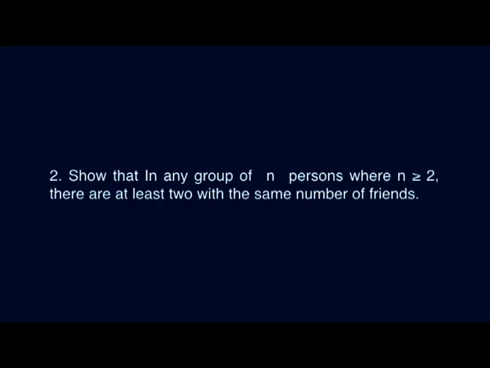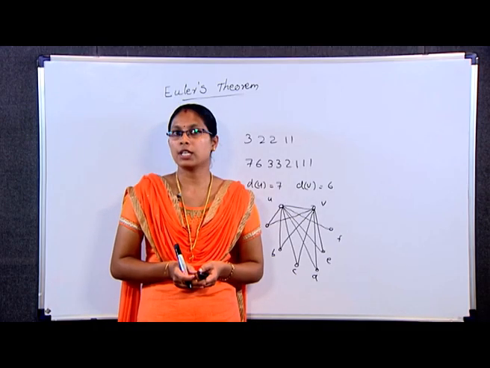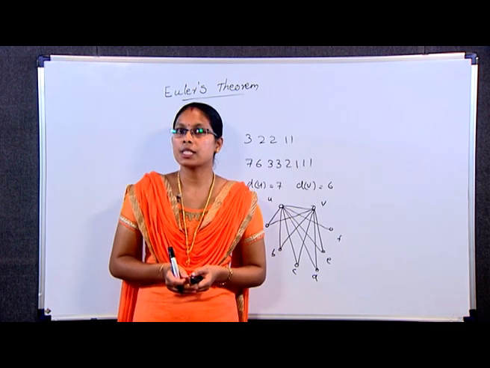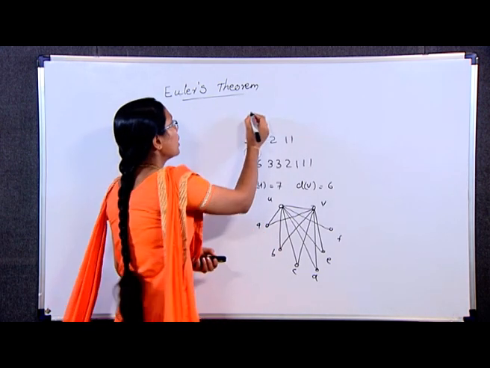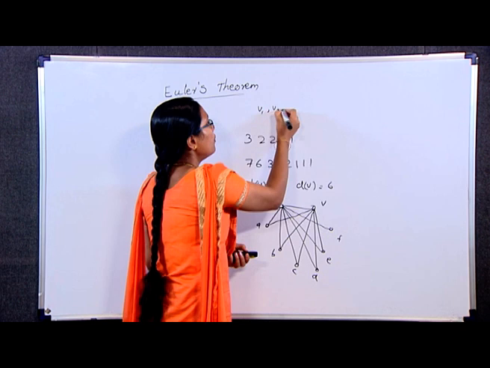Next problem: show that in any group of n persons, where n is greater than or equal to 2, there are at least 2 with the same number of friends. Solution: denote the n persons by v1, v2, ..., vn.